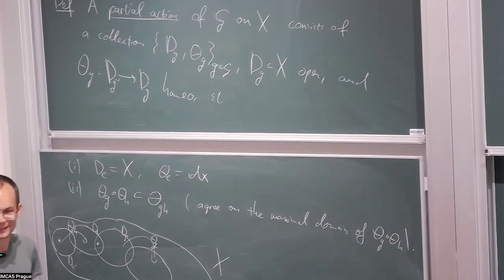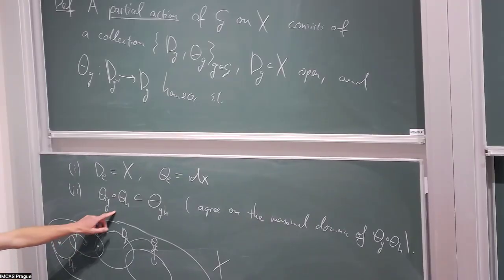Okay. So for this thing to make sense, it's h first, and that's going to go from D_{h inverse} to D_h. It has to mean that the image of h is in, sorry, that D_h intersection D_{g inverse} is what it's defined on.